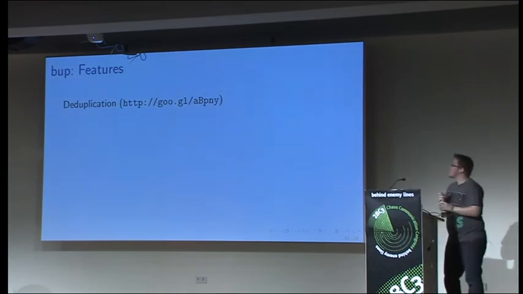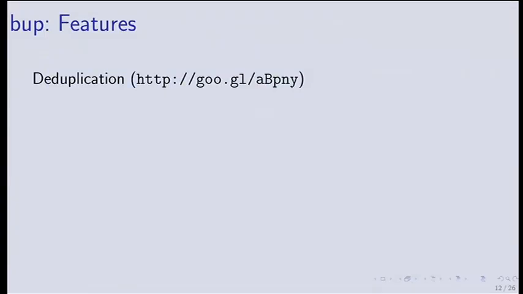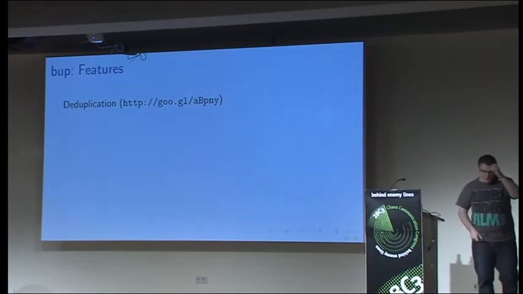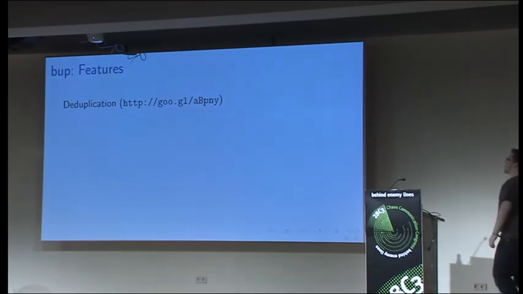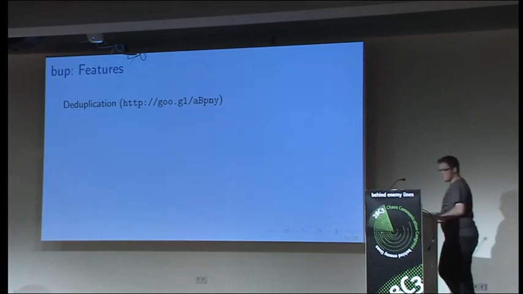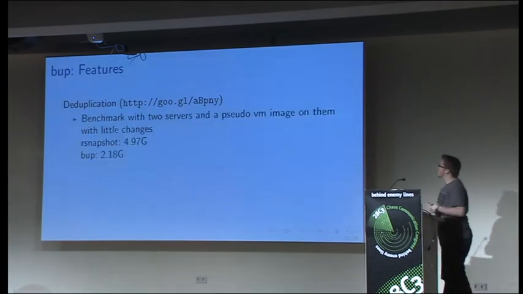Okay, first feature is deduplication. One of our motivations is to have space-efficient backups. This is the link to a mailing list thread that discusses some benchmarks I did. Somebody came to the mailing list and said, okay, I use rsnapshot, why should I use BUP?